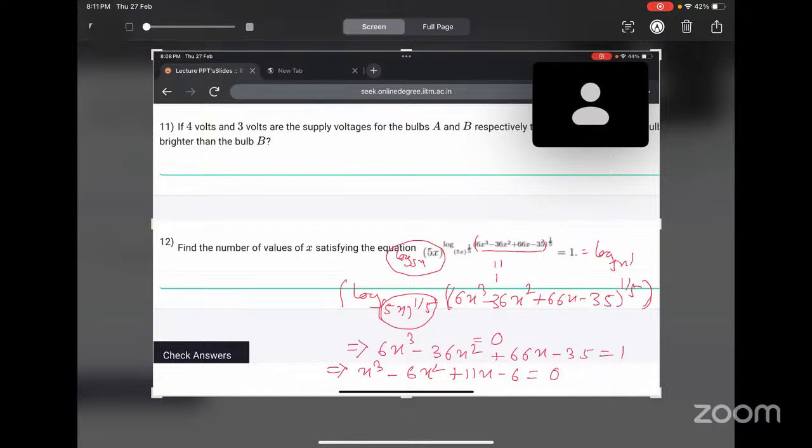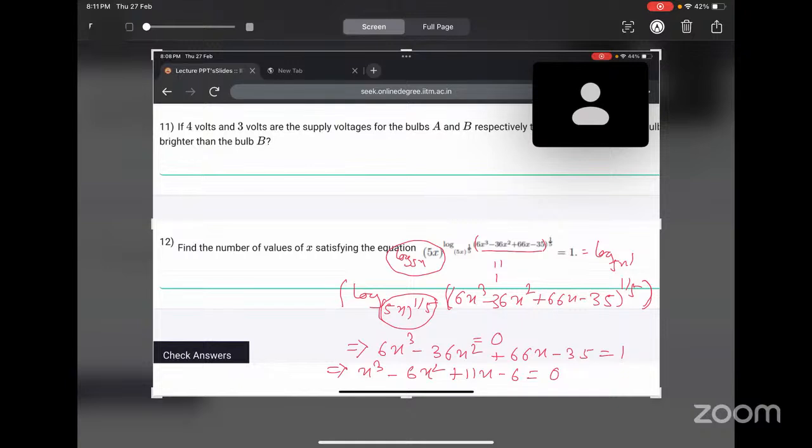I think it's x minus 1, x minus 2, and x minus 3. Sorry for the noise. It's x minus 1, x minus 2, and x minus 3.